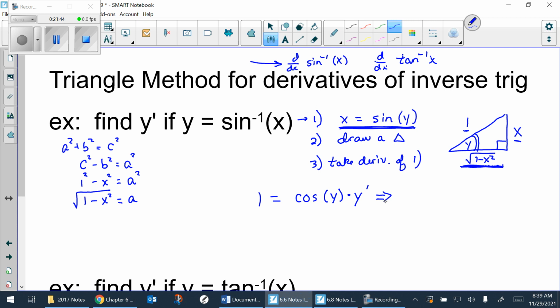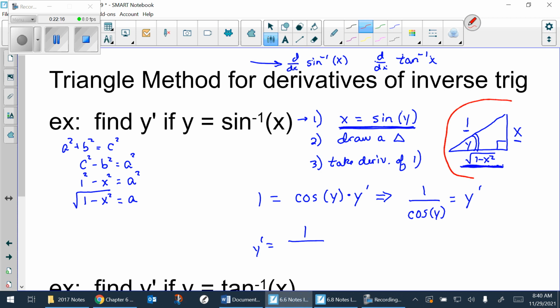So if I divide each side by the cosine of y, if I take 1 divided by the cosine of y, that will give me y prime. So what's y prime equal to? 1 divided by, take a look at this triangle.